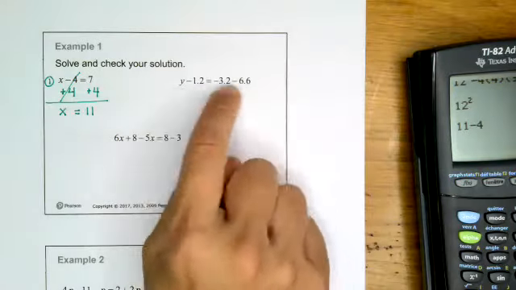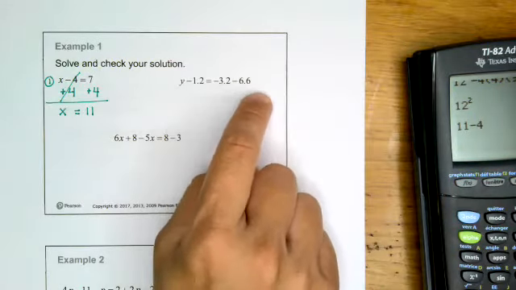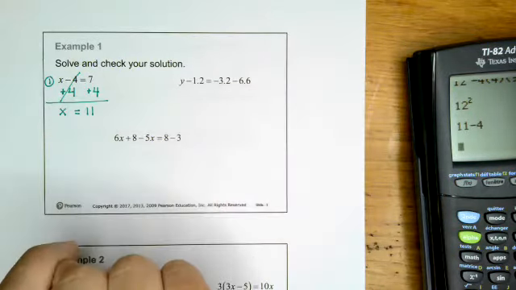There's nothing different just because we have decimals instead of whole numbers. You do want to keep the decimals in a straight line if you're going to subtract by hand, right? So y minus 12 equals negative 3.2 minus 6.6. If I wanted to not use my calculator, negative 3.2, negative 6.6.